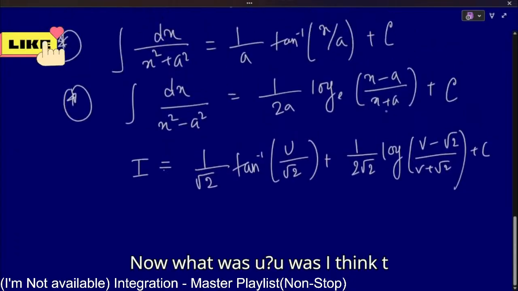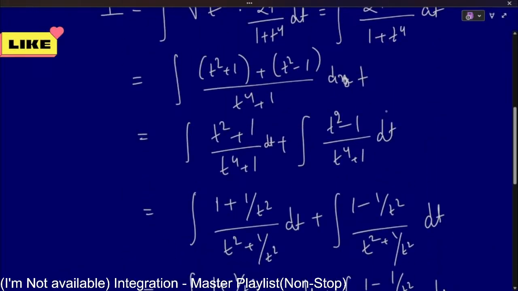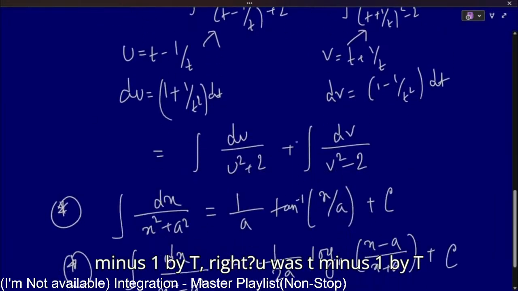Okay, now what was u? u was, I think, t minus 1 by t, right? u was t minus 1 by t and v is t plus 1 by t.